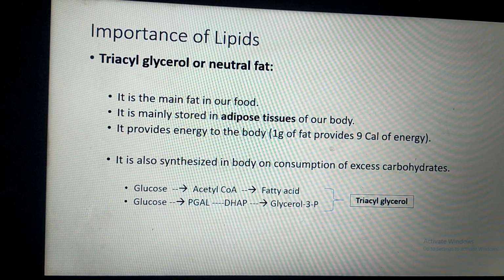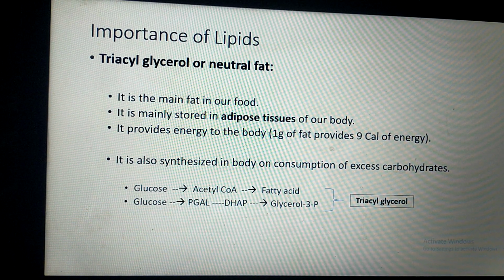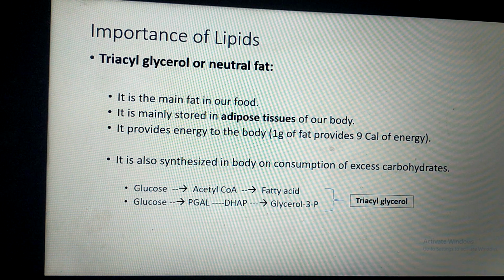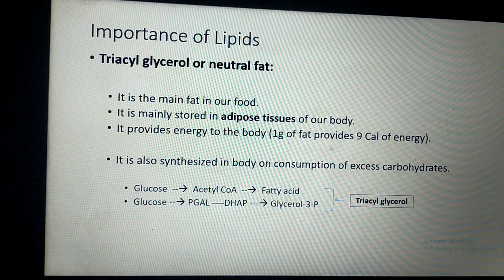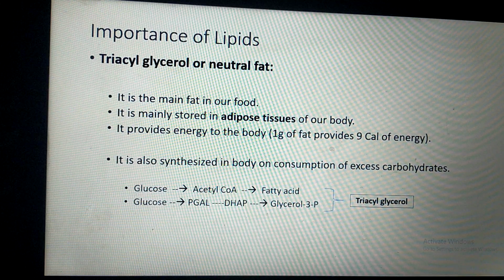Triacylglycerol is the main fat present in our food. It is mainly stored in the adipose tissue of our body. It provides energy to the body in fasting and starvation. 1 gram of triacylglycerol or fat provides 9 calories of energy. It is also synthesized in the body from excess carbohydrate consumption.